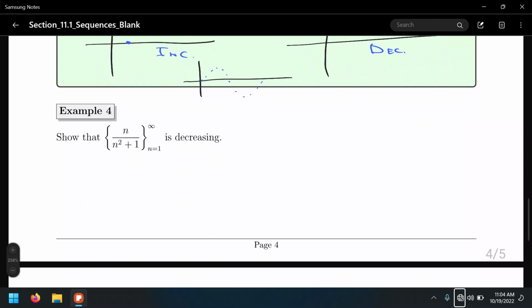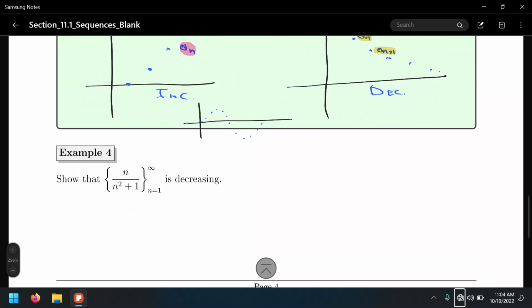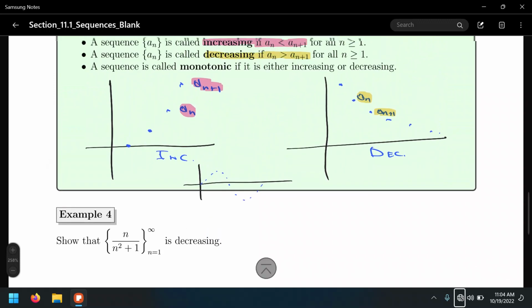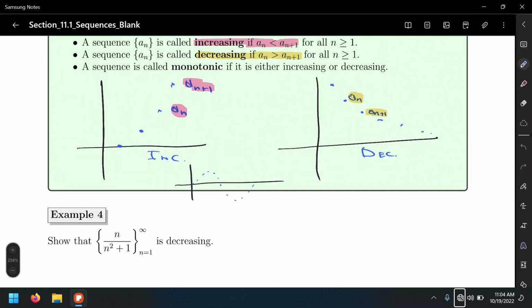So what constitutes a proof in this case is something that works universally at once for every single value of n. Well, how do we do that? Well, number one, the condition for decreasing, which I'm going to write here, is a sub n greater than the next term, a sub n plus 1, which you can see in the picture, right?